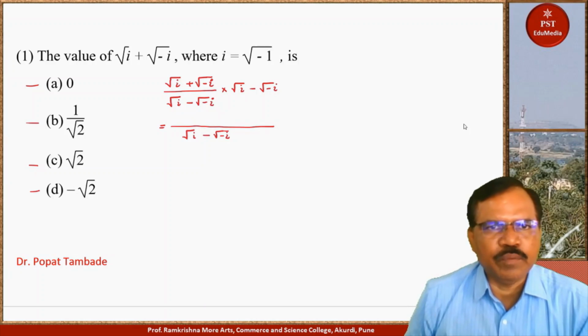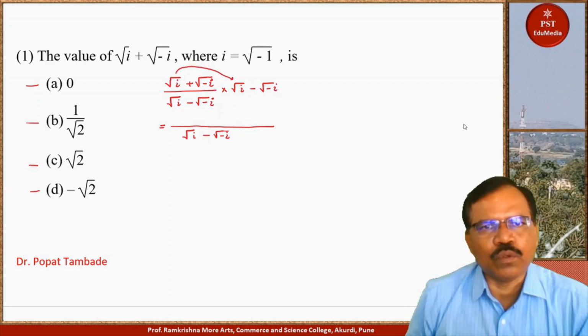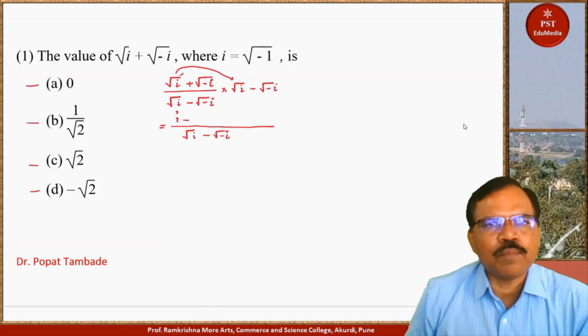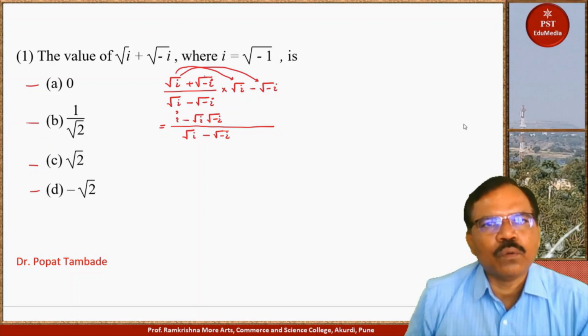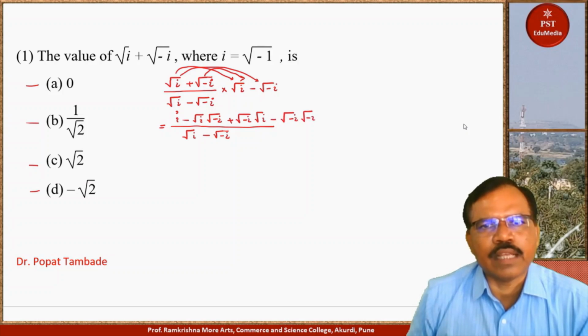Now at the numerator, root of i into root of i, that is i. Now root of i into root of minus i, that is minus root i into root minus i. Then root of minus i into root i. So plus root of minus i into root i and minus root of minus i into root of minus i.